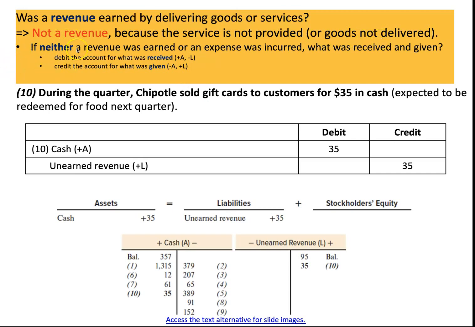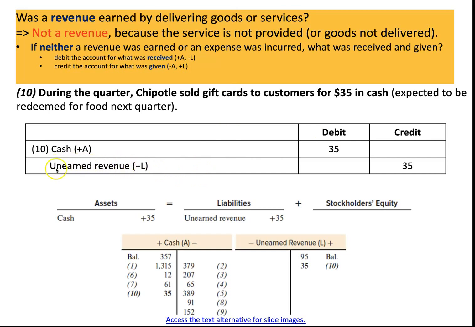Step 1 tells us if neither revenue nor expenses were incurred, you would ask yourself what has been received and what has been given. So we received cash for $35, but we have incurred a liability, which means in the future when the customer exchanges the gift cards for Chipotle food and beverages, at that time revenue should be recognized.